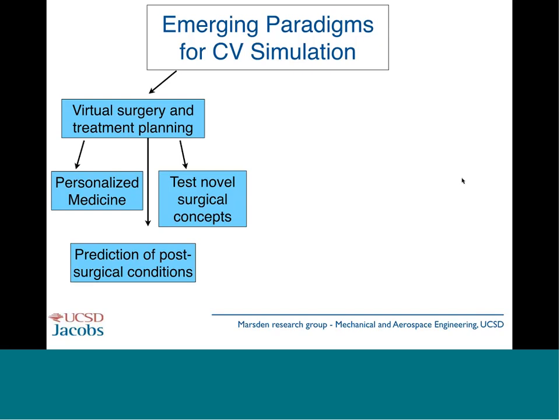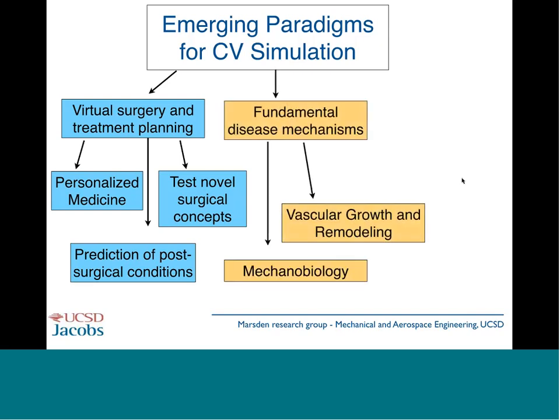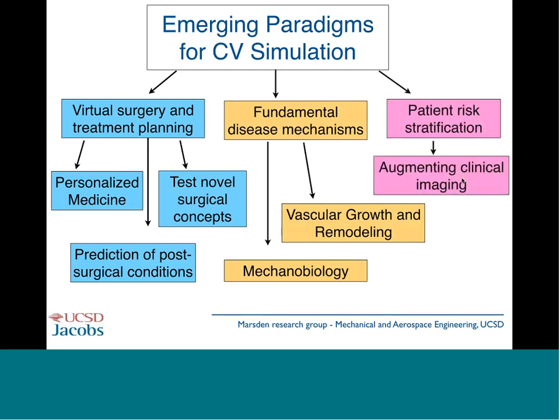But in addition to that, just to give a bigger picture view, I think simulations are also emerging as a way to examine fundamental disease mechanisms, including vascular growth and remodeling, and also mechanobiology, and what is their interplay with hemodynamics and mechanics. How can we incorporate these things into simulations to make better predictions and more relevant predictions to the clinic?